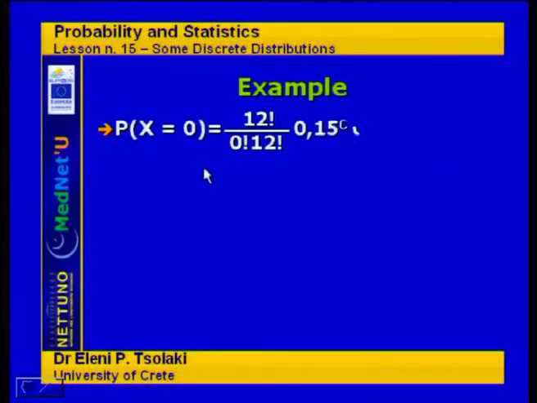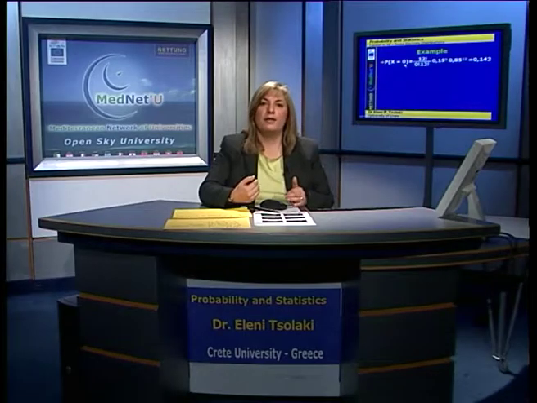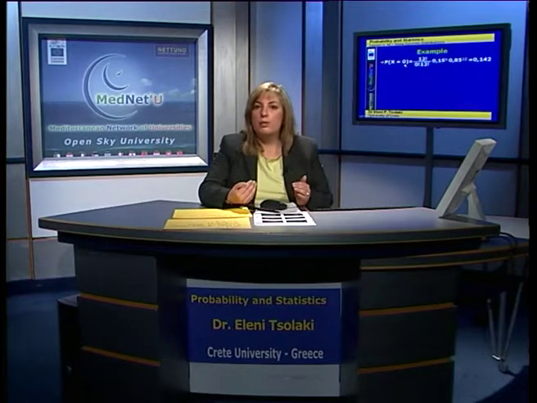So we have that. First of all, the probability of x equals 0. X is our random variable, the number of defectives, as we said, what we are interested in.